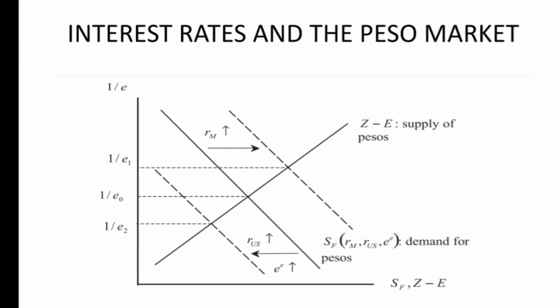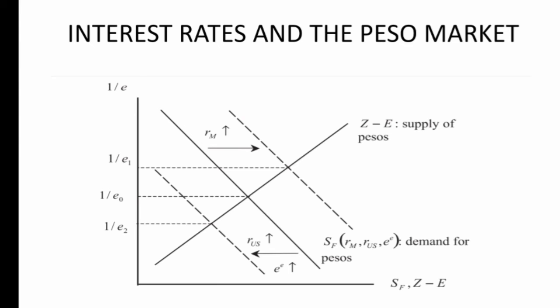So this is called interest rate caused by capital inflow that expands the trade deficit via the exchange rate, and an increase in the Mexican interest rate causes an appreciation of the Mexican currency in a flexible exchange rate. And what happens if the RUS increases?